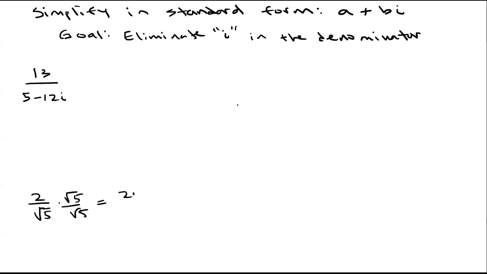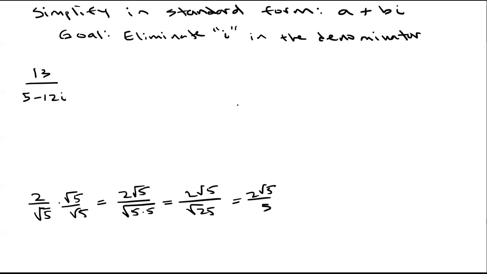So that gives us 2 radical 5 on top. And the bottom there, they're the same radical, so I can just put the numbers inside that radical. And that will give me radical 25, which is basically just 5.